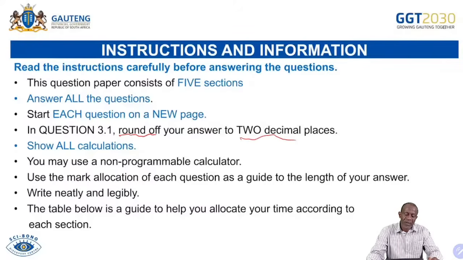You may use a non-programmable calculator. That is another instruction. A simple calculator with all the 4 important signs, that is your plus, your minus, your multiplication, and your equals to.